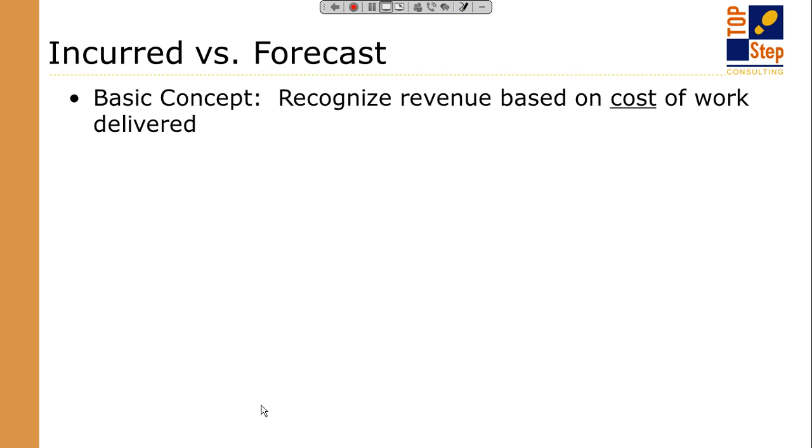So we have two more types of rules left, and they're both quite interesting. This one is called incurred versus forecast. The name doesn't really explain what it does, but basically this is a percent cost complete rule. So unlike the percent complete rule, which uses an hours-based metric, this is the cost of the hours delivered by people and the percent of cost complete based on the level of effort that's expected.